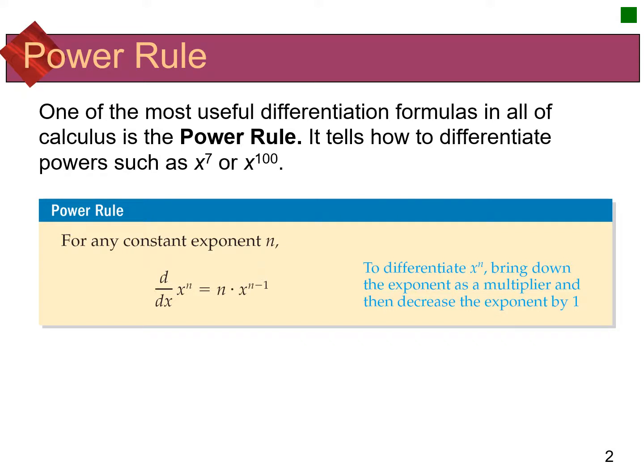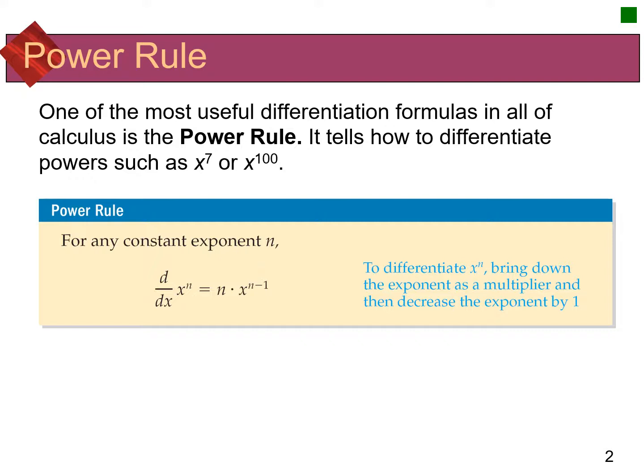There's a power rule, and that rule for constants comes from this power rule. Also, the derivative of x itself is going to come from this power rule. Essentially, the power rule says if I have x raised to a power of n, to find the derivative of that function, I take the exponent n, multiply that to the x, make that a coefficient, and then subtract 1 from the exponent.